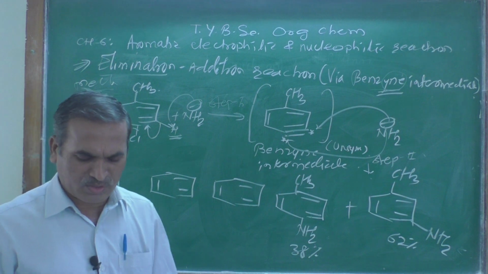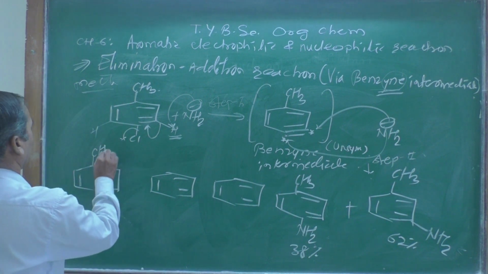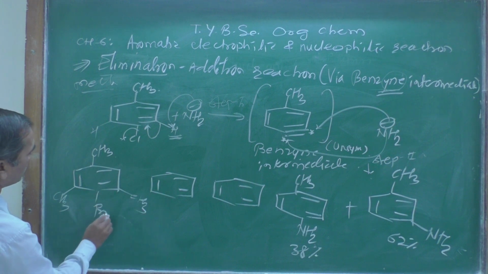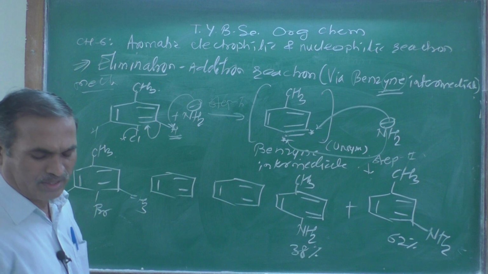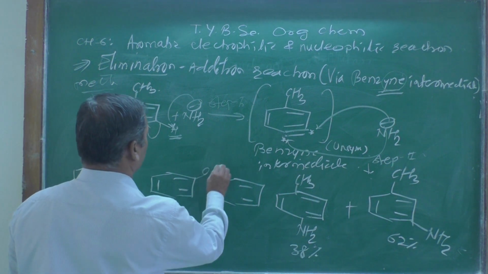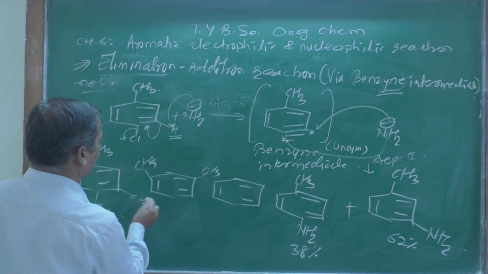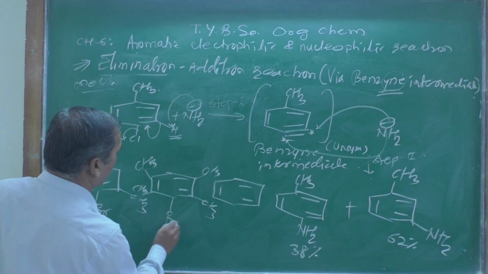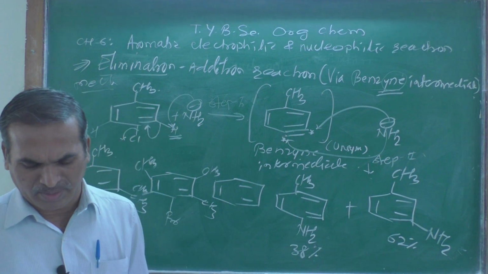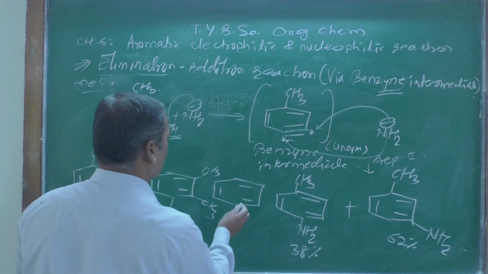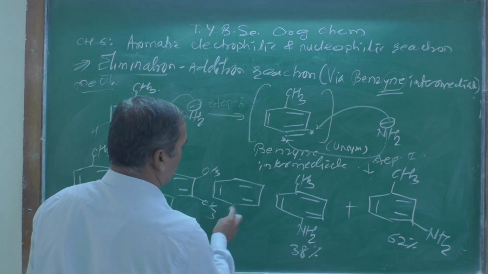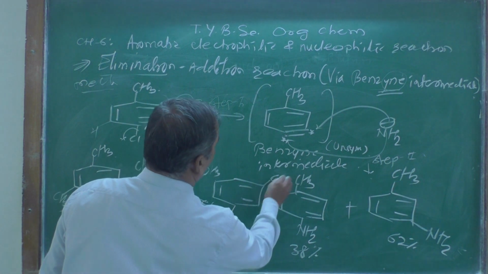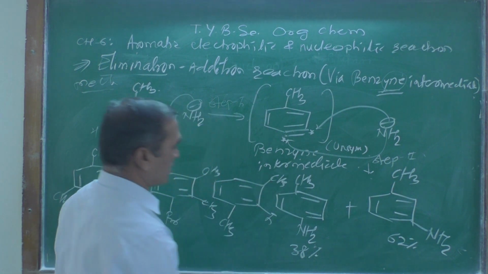Let me write CH3 here, also CH3, and I am putting a Br here, and here also CH3, here also CH3, another CH3, and here I am again putting a Br. Now I am putting another one: here CH3, here also CH3, and here I am putting iodine.